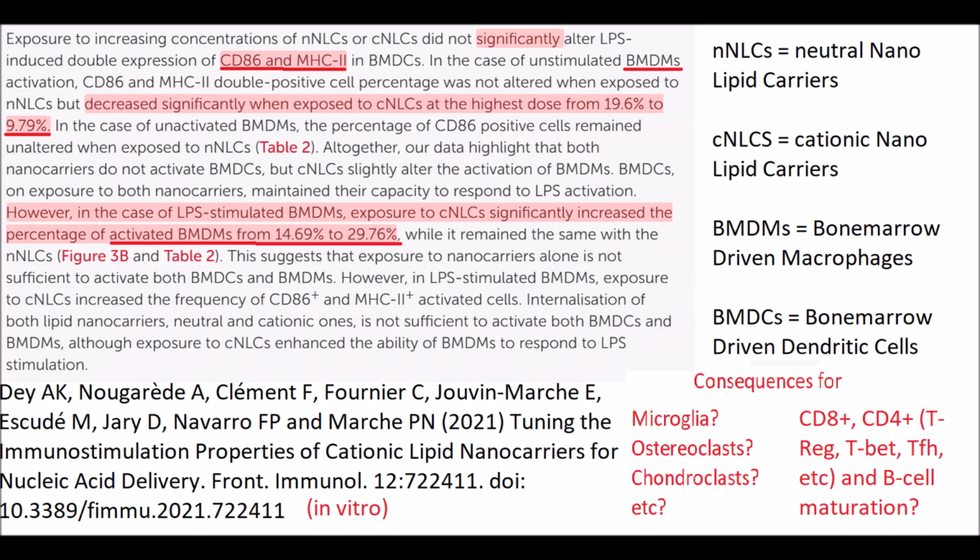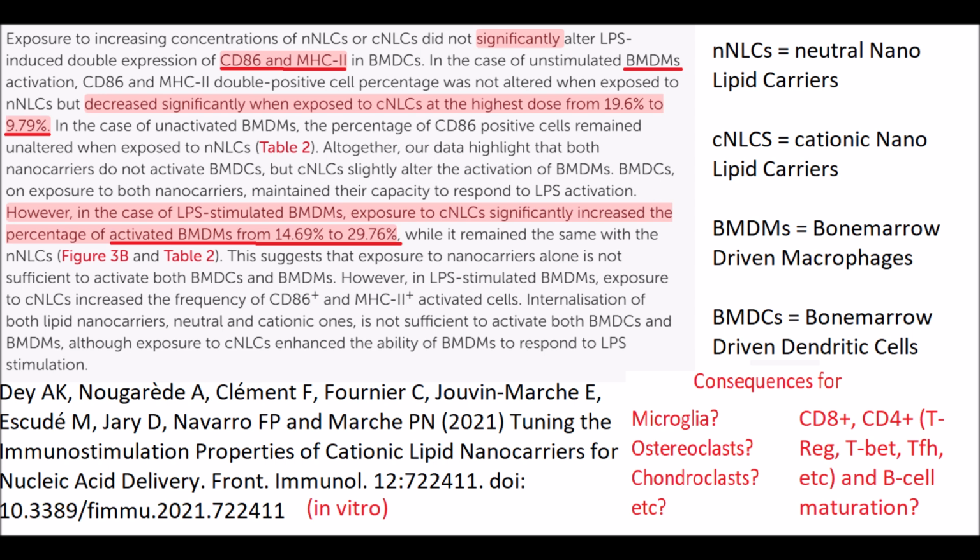Another very concerning quote from this paper is: unlike for BMDCs, which did not show any alterations in glycolysis, BMDMs' glycolysis and glycolytic capacity were increased in both unstimulated and stimulated conditions when exposed to 100 picogram per milliliter of cationic nanolipid carriers.